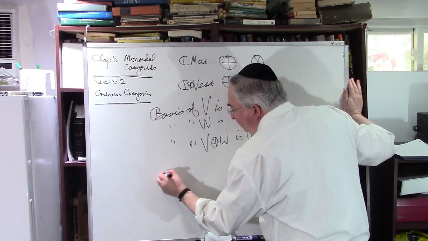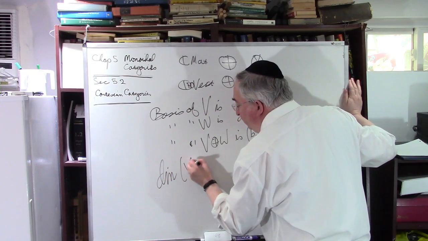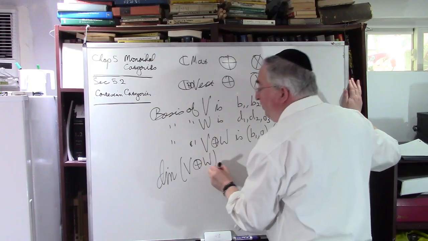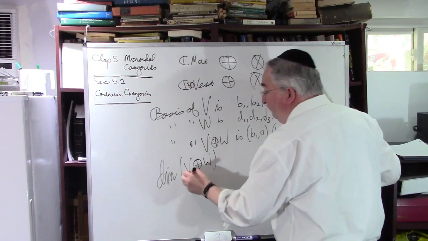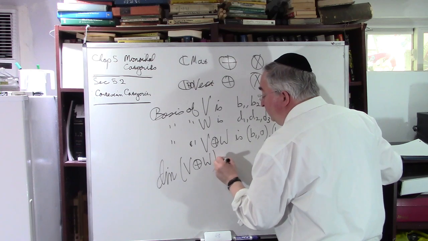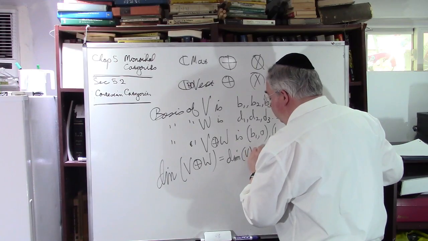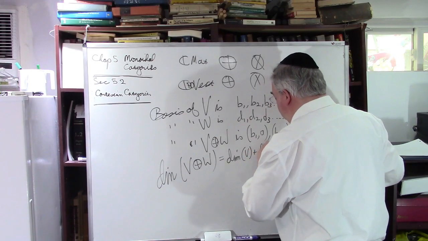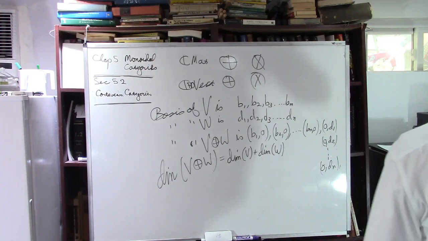So we can write this as follows. The dimension of V plus W, and by the way, these are all finite dimensional, so we have no problem, we're not talking about infinite dimensional things, is equal to the dimension of V plus the dimension of W. Can't get simpler than that.